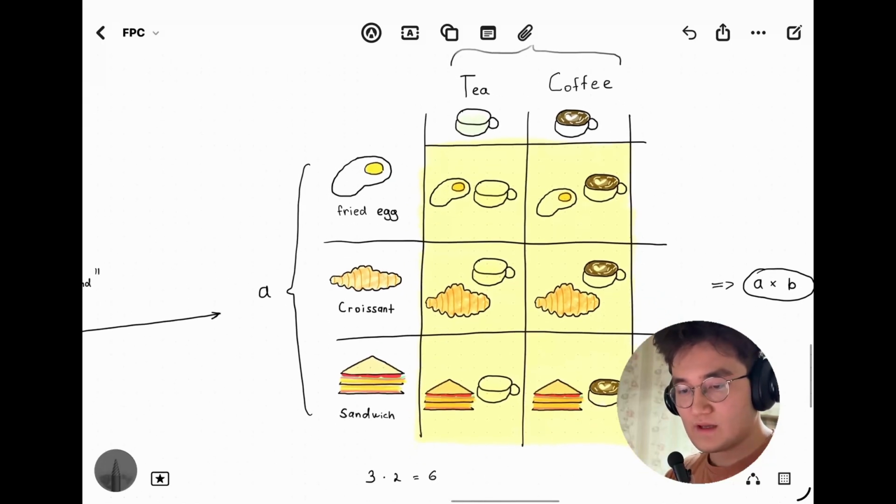The reason is that I like to think of it as the area of a rectangle.